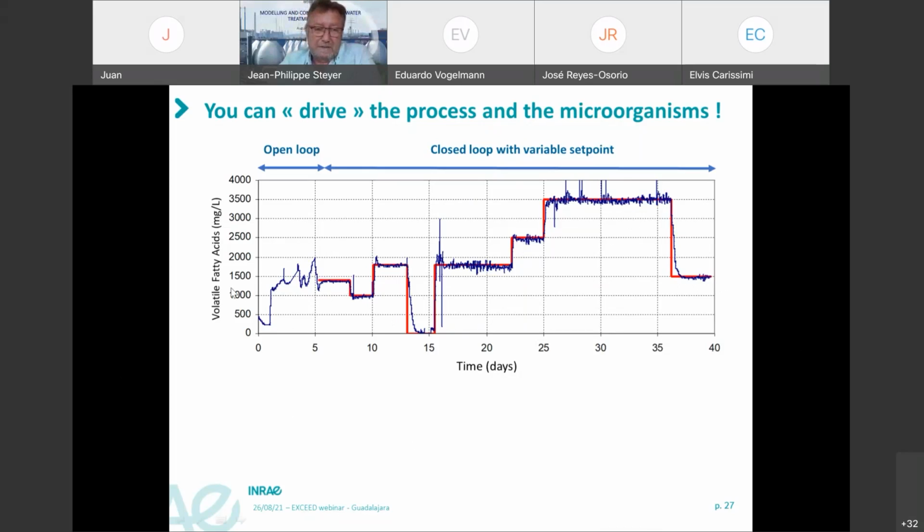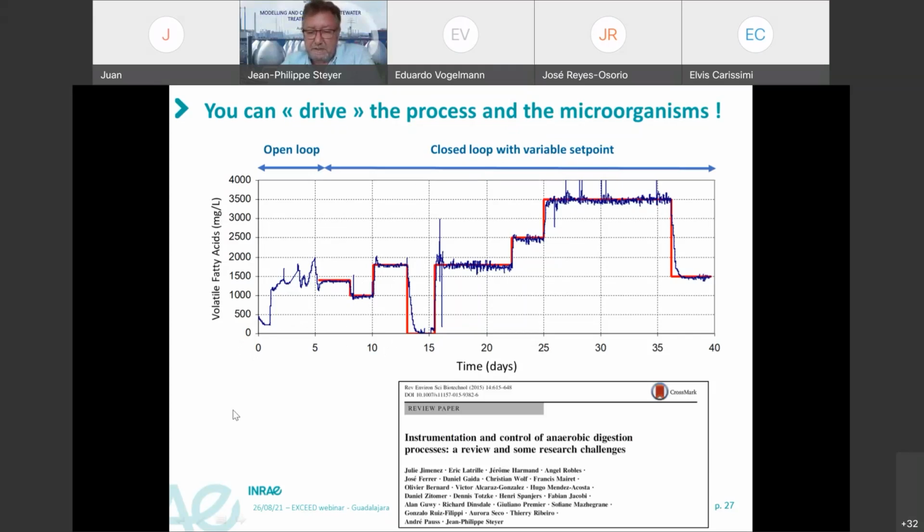I mean, no control. So you see the volatile fatty acids, which was a control objective here. And after we turn on the controller, and in red you have the set points that have been changed, and you can see that you can regulate very well the VFA in a broad range of concentration from 0 to 3.5 grams per liter, and it's very efficient.